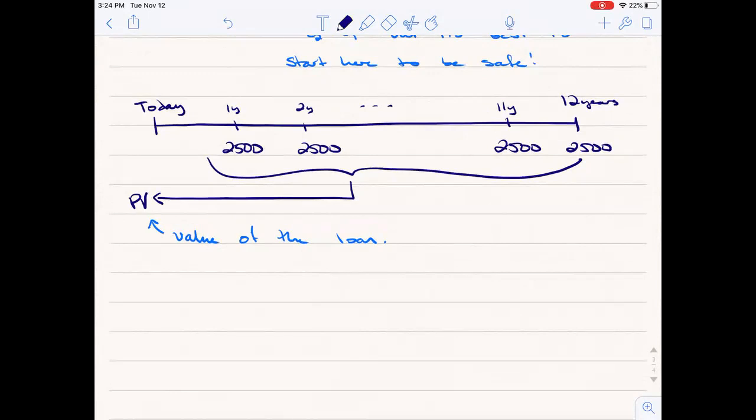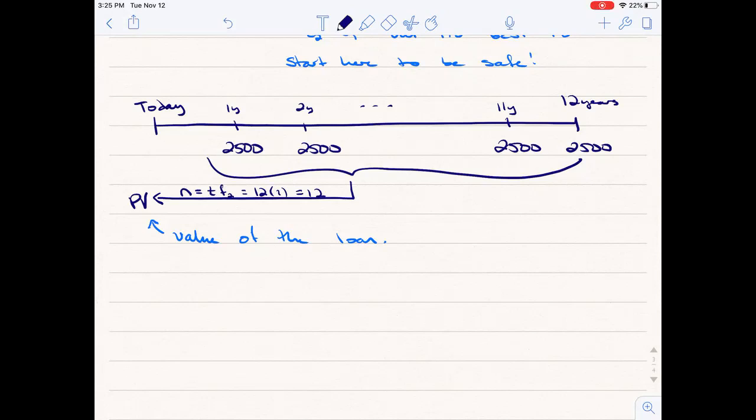On the arrow, just like before, I'm going to put n, but n now is the number of payments, which means n is time times F2, the payment frequency. They're the same in this case: t is 12 and a payment frequency of 1 per year, so we've got 12 payments. That's fair enough, we could just map it out. It gets harder if we have 30 years of biweekly payments, so we want some way to calculate them.